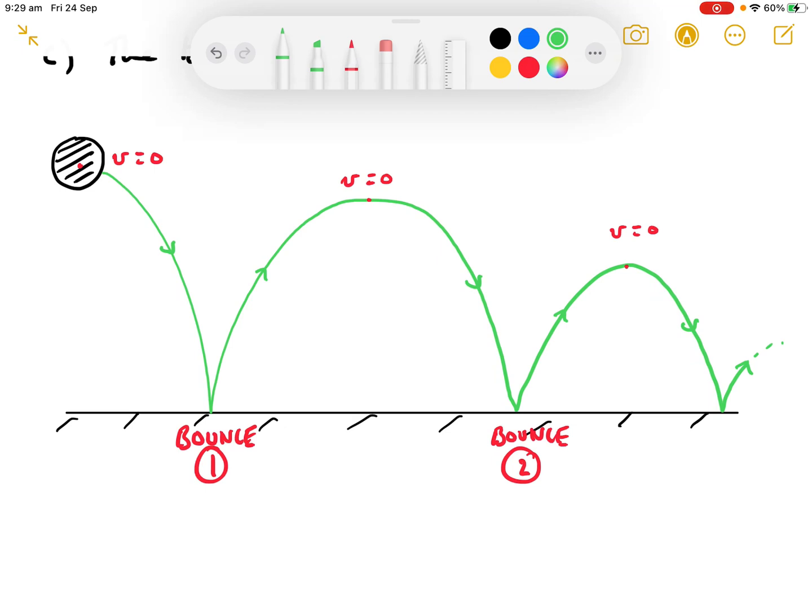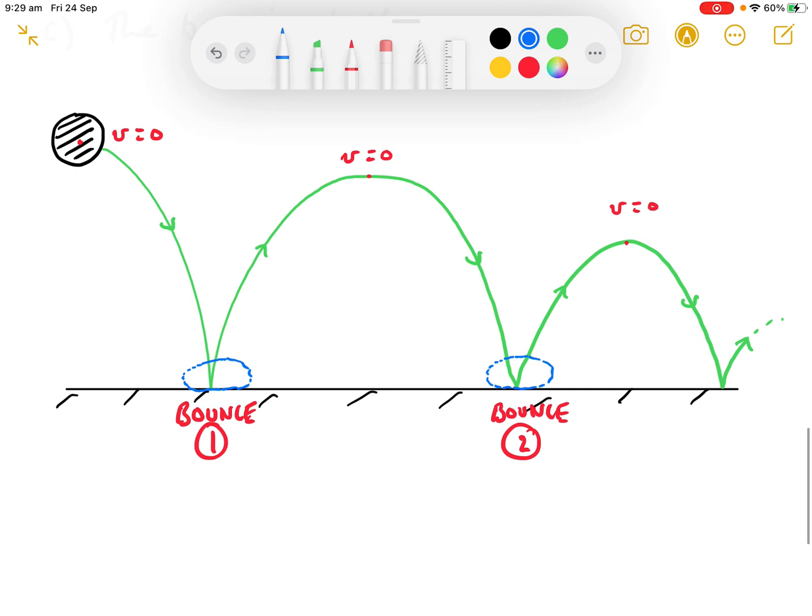Okay. Now, one thing to be aware of is that during the bounce, the ball is going to become compressed. I'm exaggerating this to some extent here. Okay.